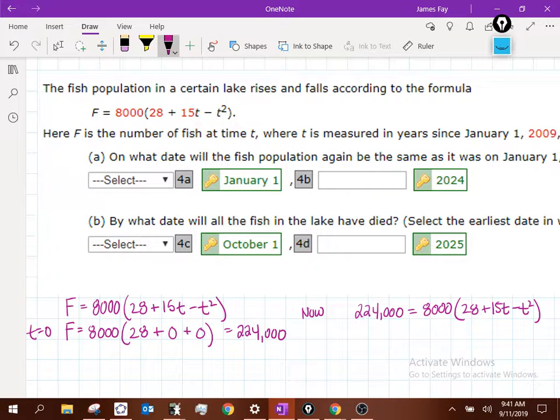But now solving this, I'm going to take the equation, divide both sides by 8,000, which we just kind of already knew or did the math to tell us that that's going to be 28, right? And I've got 28 plus 15t minus t squared. Do those 28s cancel?